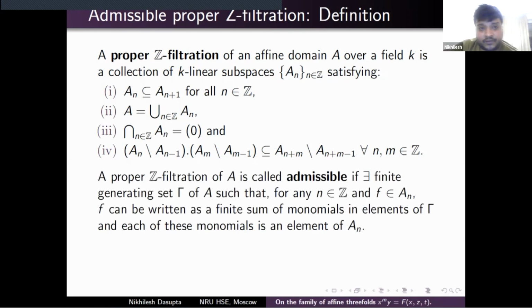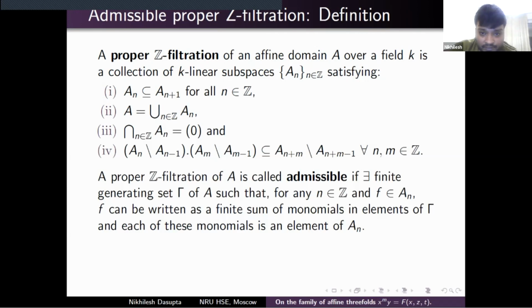A proper Z filtration is called admissible if there exists a finite generating set gamma of A such that for any n in Z and f in A_n, this f can be written as a finite sum of monomials in elements of gamma such that each of these monomials is an element of A_n. So a finite sum of monomials of some special homogeneous elements, and these homogeneous elements come from A, basically.